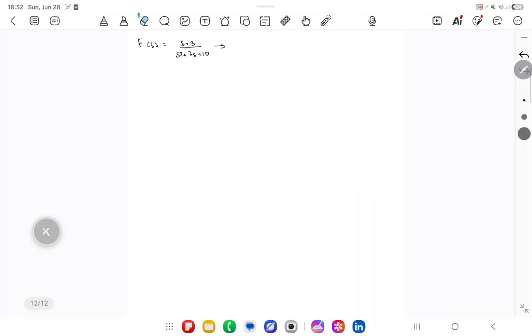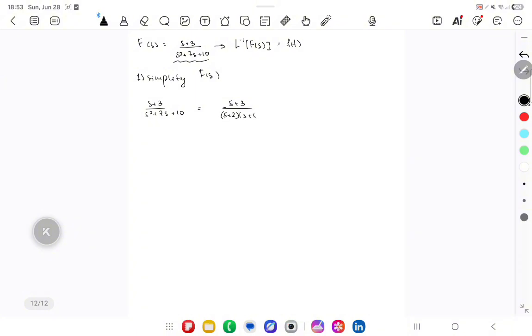We might as well be interested in taking the inverse of the function F of s to see what its representation in the time domain was. In order to do that, we will first have to simplify F of s, and by that I mean that we have to decompose the fraction into partial fractions. So for example, in this case, we can write (s plus 3) over (s squared plus 7s plus 10) as A over (s plus 2) plus B over (s plus 5).